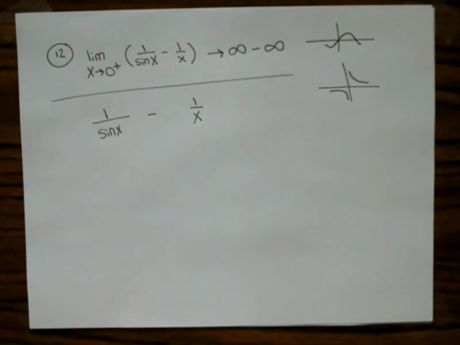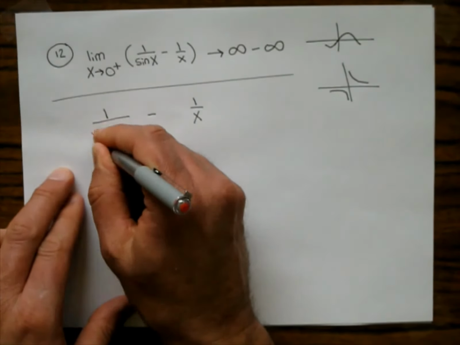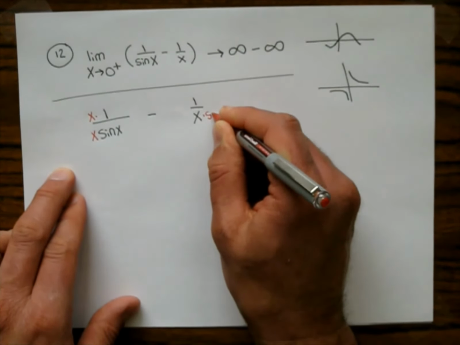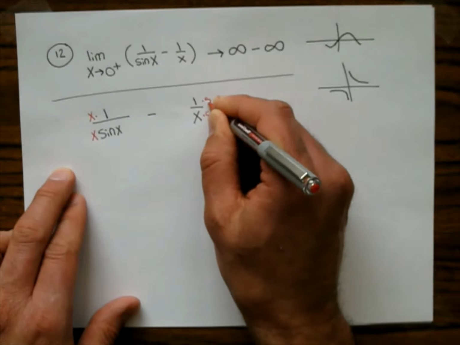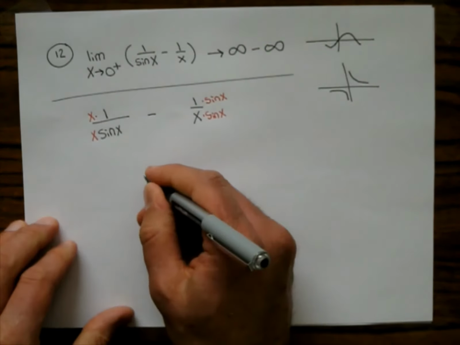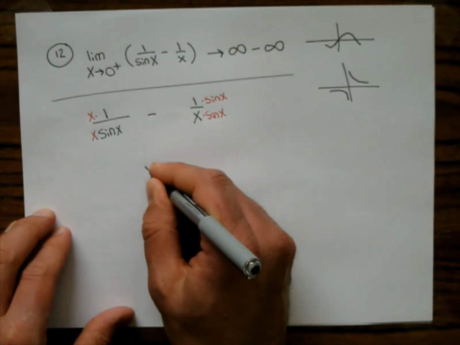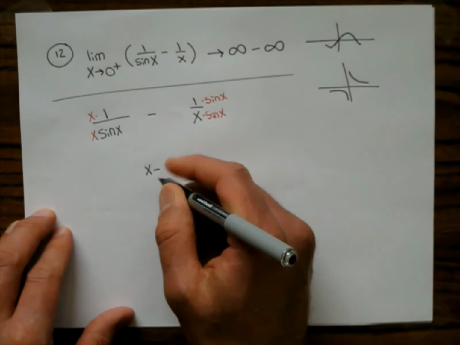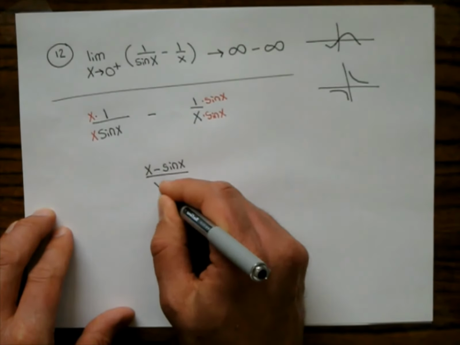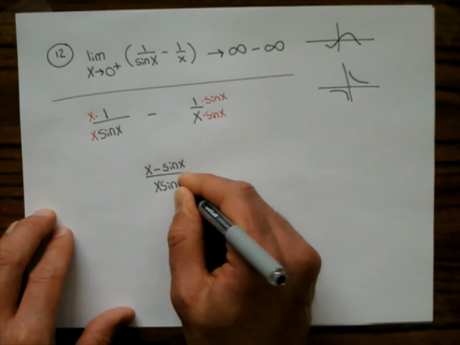What I want to do is get a common denominator, so it would be x sine x. This would give me the function x minus sine x on the top, and on the bottom I'd have x sine x.